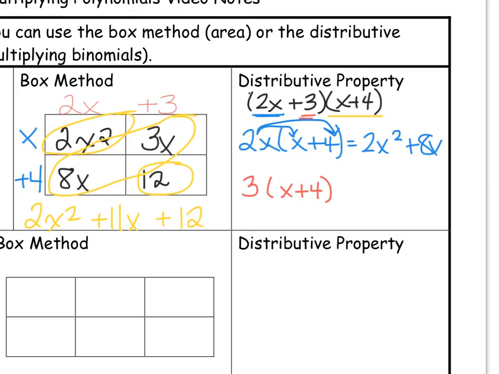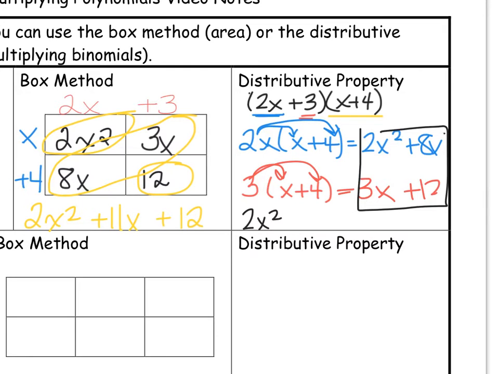You can probably guess we're going to get the rest of the terms, the 3x and the 12, over here. 3 times x is going to give us 3x, and then 3 times 4 is 12. And so we can go ahead and combine like terms again. We get 2x squared, the 8x and the 3x give us 11x, and then plus 12. Some people choose to use the box method, some people choose to use the distributive property method. You get to choose whatever one you like best.